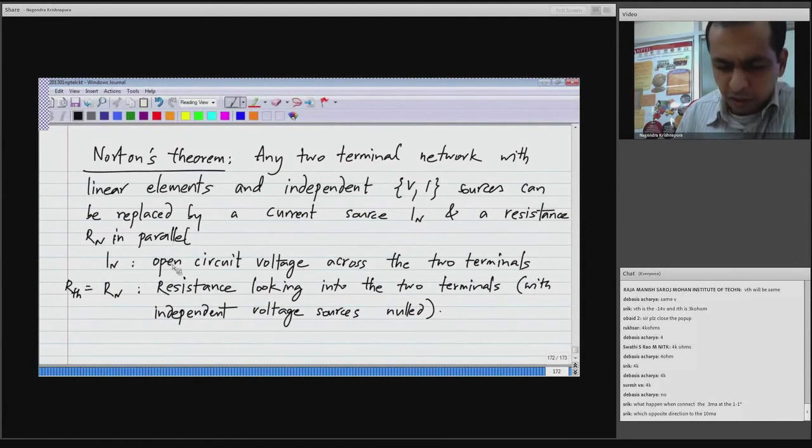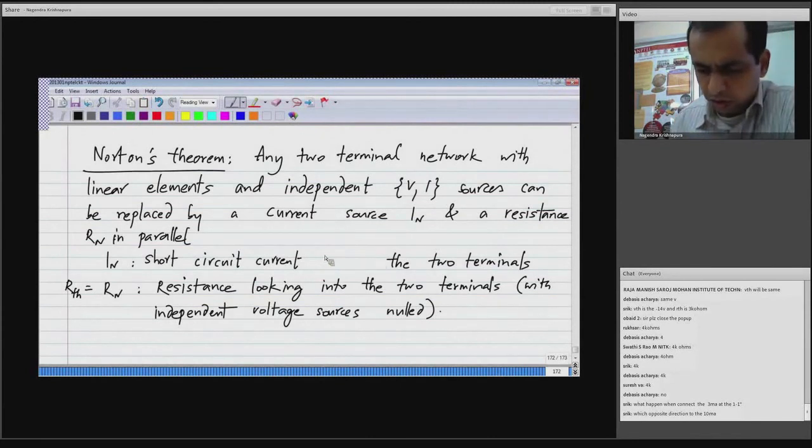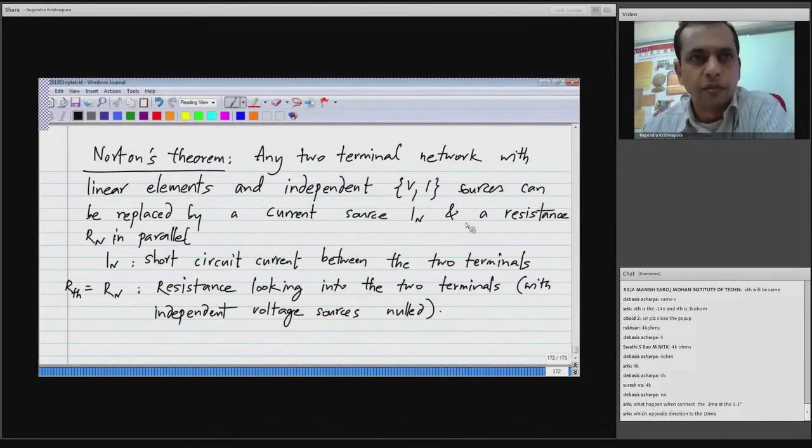RTH and Rn are the same, and IN is the short circuit current between the two terminals. When you short circuit it, that's the current that flows there. So again I hope this is clear.